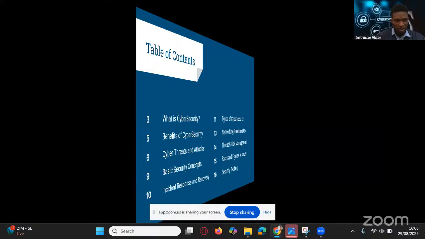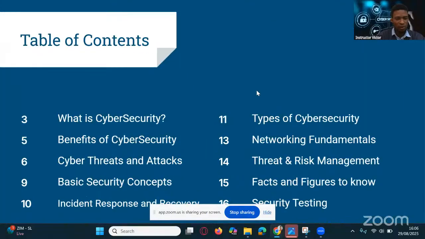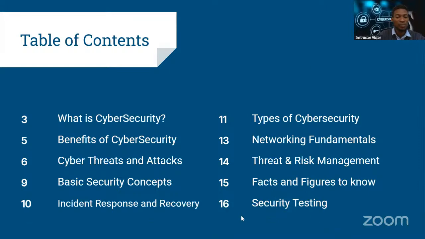These are the outline, the table of contents for the whole webinar section, which covers both today and tomorrow. We are going to look at what is cybersecurity, benefits of cybersecurity, cyber threats and attacks, basic security concepts, also looking at incident response and recovery.